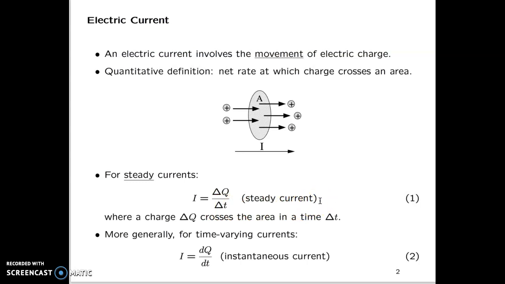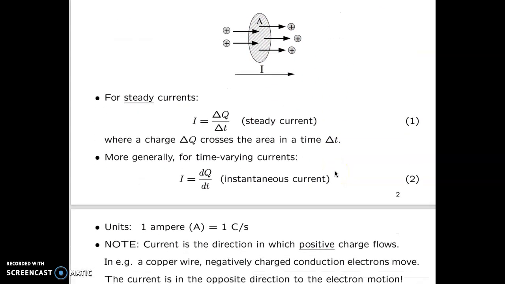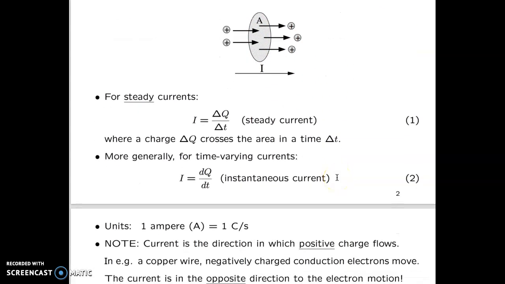So just think of a steady current as being one where there's a steady flow of charge, the same amount of charge passing through the surface every second. More generally, we can have what we call a time-varying current, where maybe there's an increase in the rate with which the charge moves through this cross-sectional area, or maybe it decreases with time.